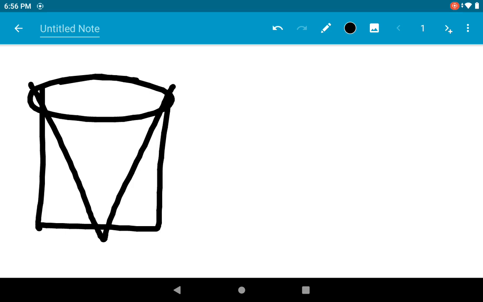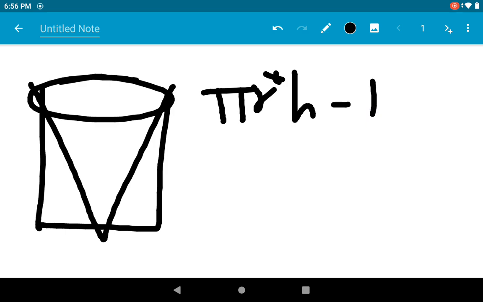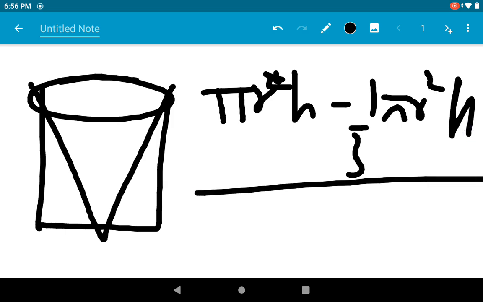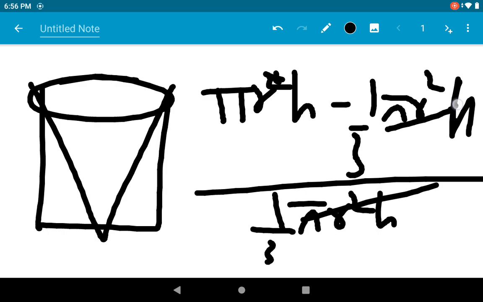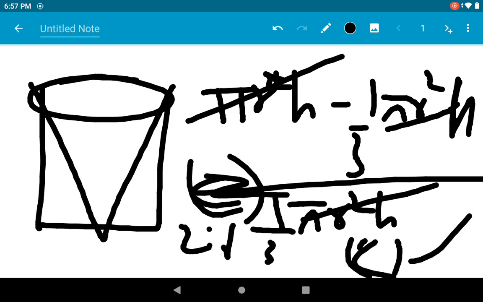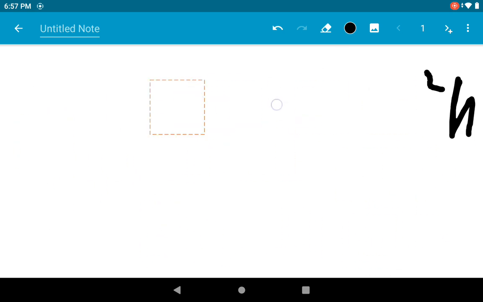So that's pi r square h minus 1 by 3 pi r square h, which is the remaining volume, divided by the volume of the cone, 1 by 3 pi r square h. So that's going to be 2 by 3 over 1 by 3, which gives us 2 is to 1. So that's option number C. I'm going to write that here, option number C. All right, moving on to the next question.